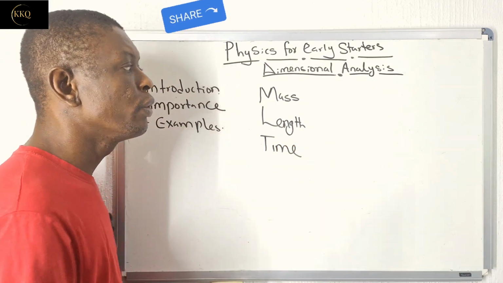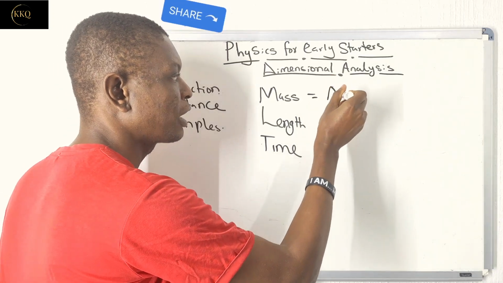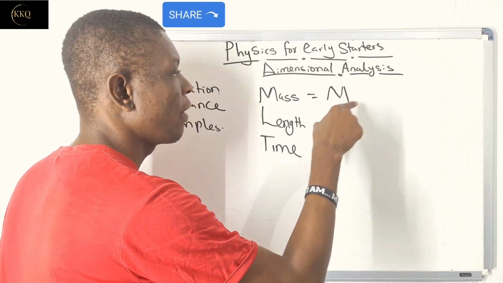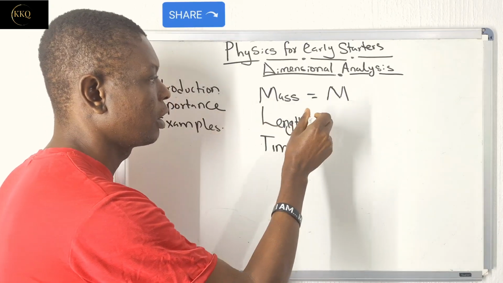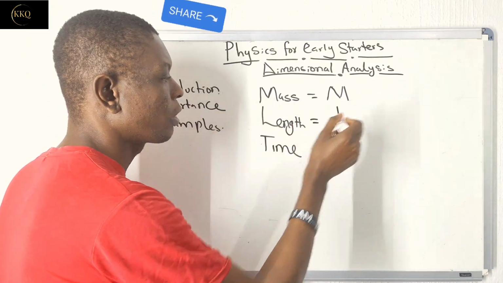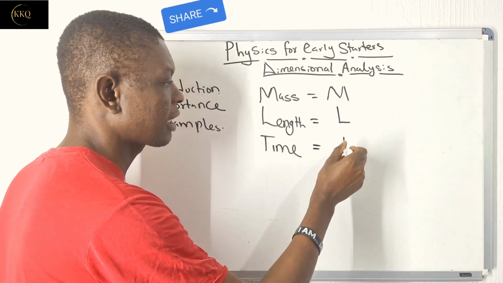So we use capital letters when we want to carry out dimensional analysis work. We use the capital letter M to represent mass, capital letter L to represent length, and capital letter T to represent time.